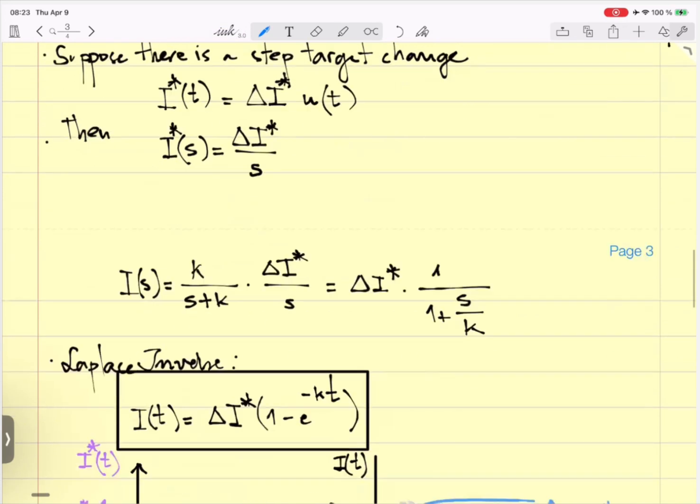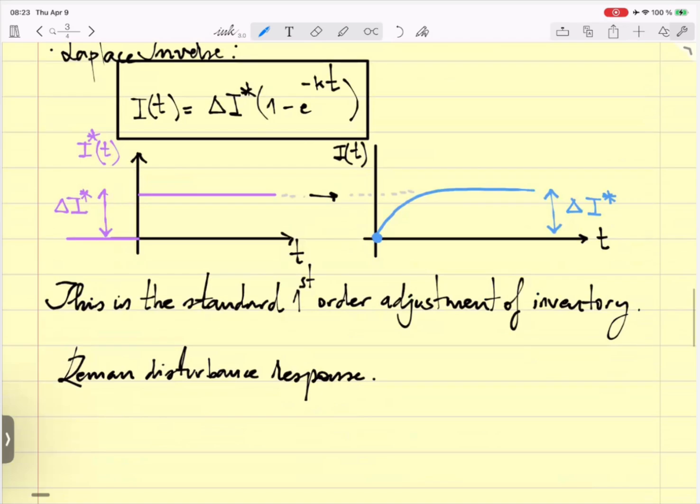What happens if we have a demand rate disturbance? We still have the same equation, minus d, with a constant target.